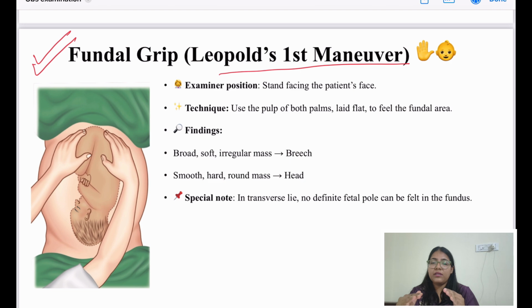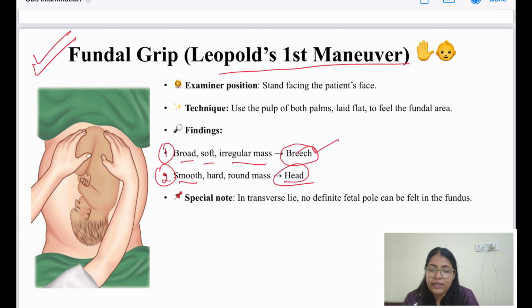What part can you encounter? There are two or three things you can find. First, you can encounter a broad, soft and irregular mass, which may indicate the podalic end of the baby, that is the breech or buttock part of the baby. Or you can find a smooth, hard, round mass, which may indicate the head of the baby.